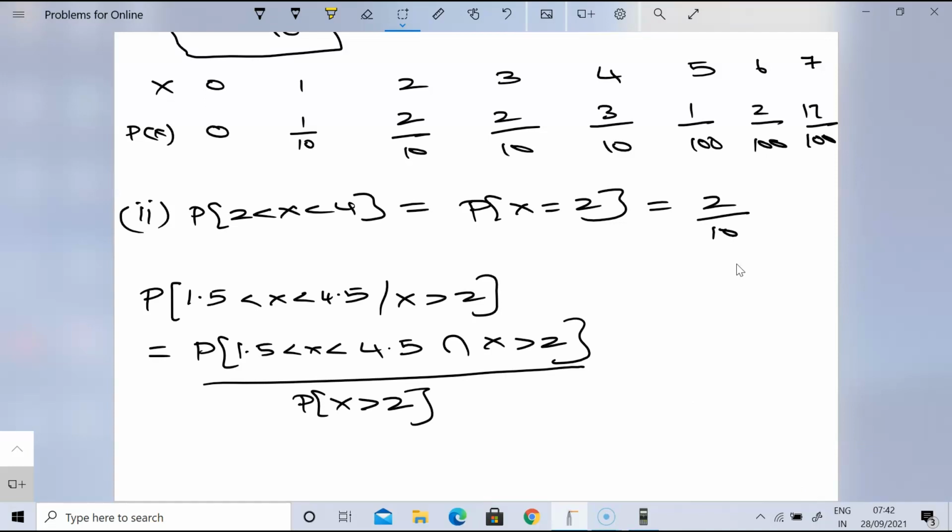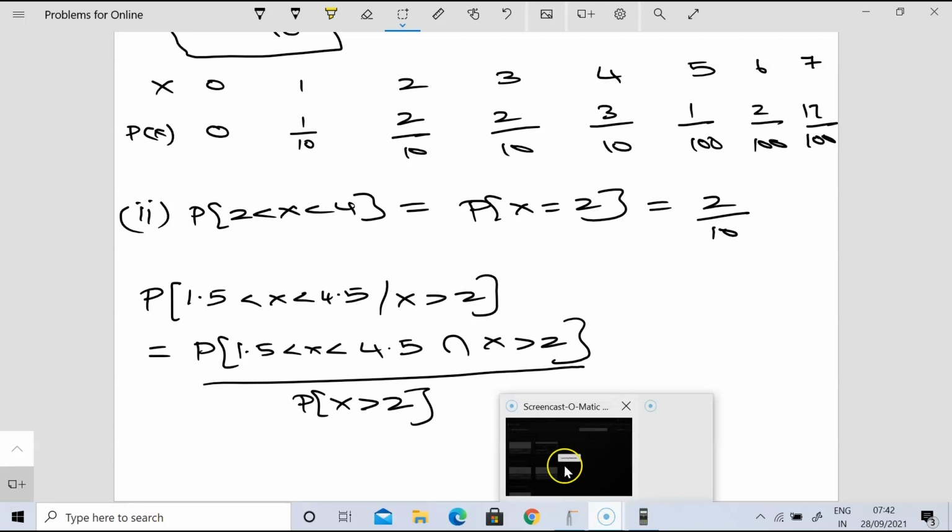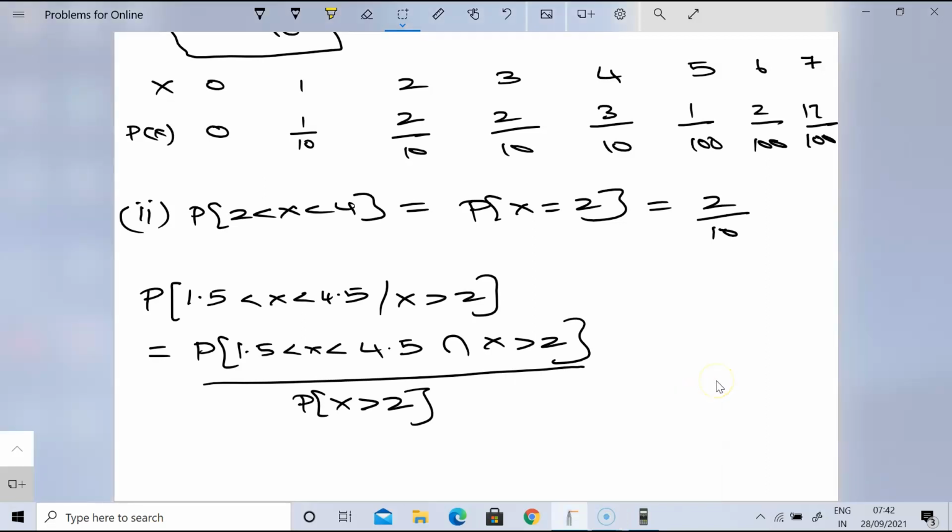So this is equal to probability of x more than 2 intersection x more than 1.5.